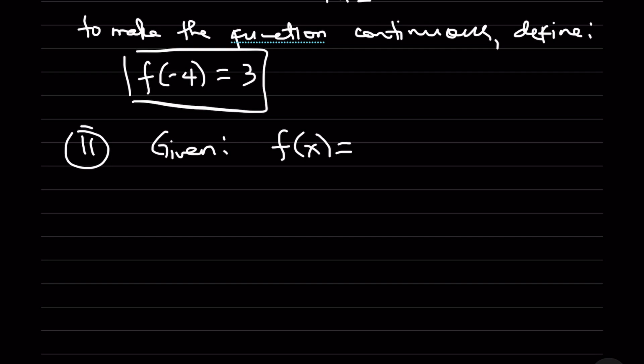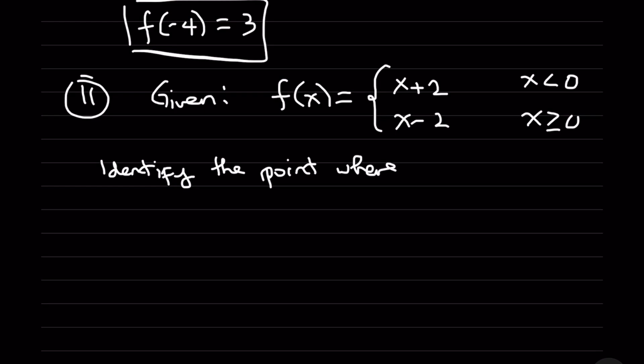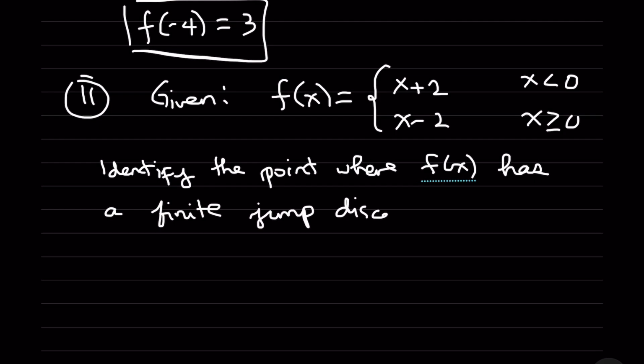Next problem, given the function f of x equal to x plus 2 for values of x less than 0 and x minus 2 for x greater than or equal to 0. Identify the point or points where the function f of x has a finite jump discontinuity.